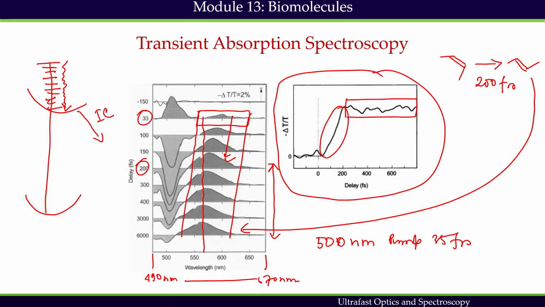But the time scale suggested from this experiment, 200 femtosecond, is even faster than this kind of IVR process. And if it is faster than IVR, it means that the relaxation occurs from a non-stationary vibrational state. It is not relaxing after equilibrating in the vibrational state in the upper excited state.